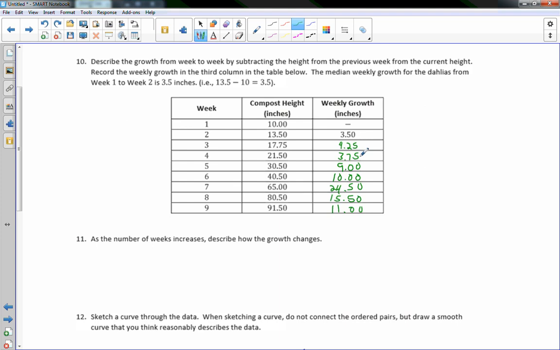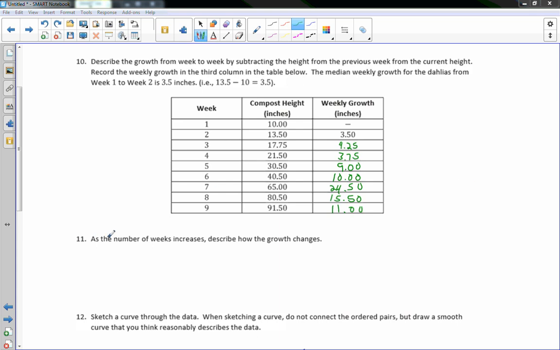Then it slowed down a little to 3.75. And then it went to 9. And then it increased to 10. And then it increased to 24.5. And then it increased to 15.5, and then it increased 11.